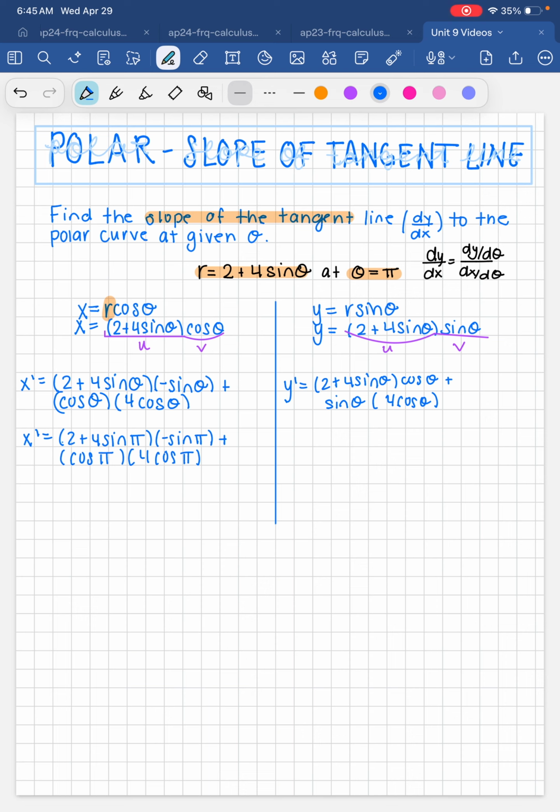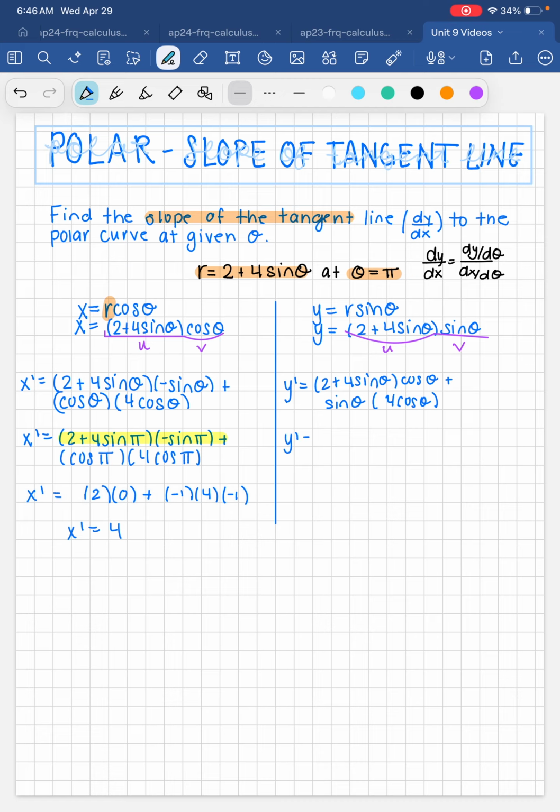So this first one here, we're going to have x prime equal to 2. The sine of pi is going to be 0, so it's just going to be 2. Sine of pi is 0. Plus cosine of pi is negative 1 times 4 times negative 1. So this should come out to be 4.